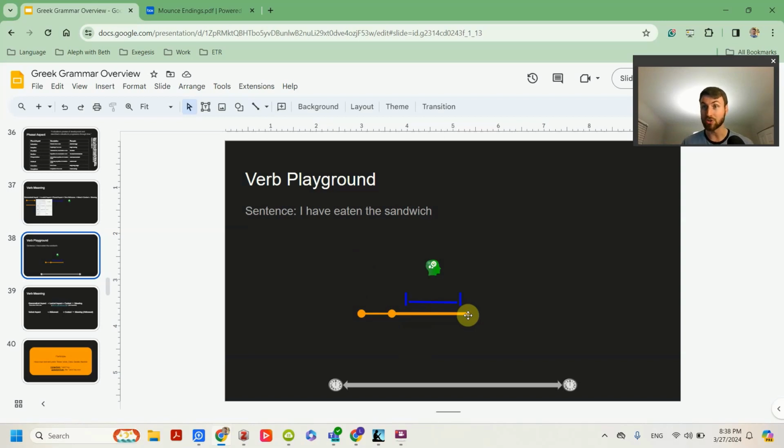When my mom says, "Luke, eat your sandwich," and I say, "I have eaten it," the implication is, "Mom, you're wrong, get off my back," because the action that you're requiring me to do is already done. So the present state that I'm in is the sandwich is eaten.